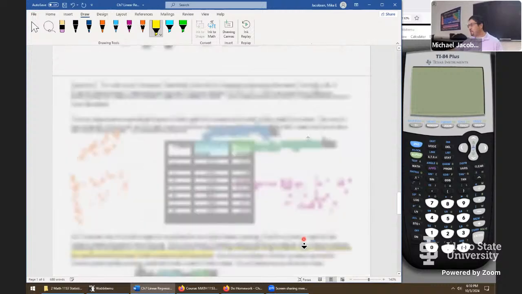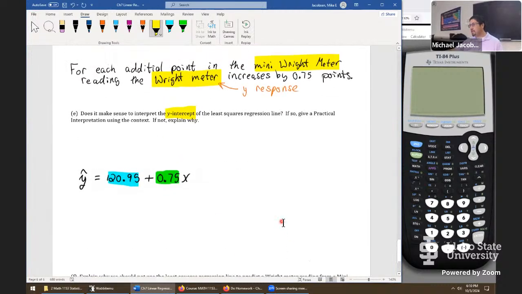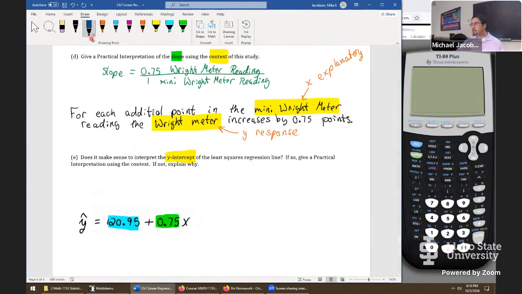So let's come back down to our problem. So at a y-intercept, x would be equal to 0. Now we have to ask ourselves, could that happen? Yeah. It possibly could happen, but I would say that's a medical emergency.